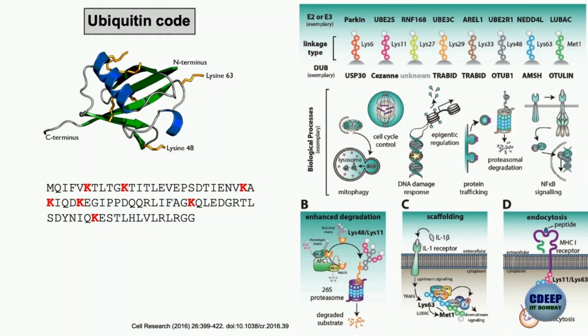Once these chains are formed, there are readers surveilling around, and they will go and bind to them. Once bound, they will do whatever they are supposed to do. Sometimes these chains can be very long, sometimes very short. If a protein gets K48 linked polyubiquitination, after tetraubiquitination or so, these proteins can be taken to the proteasome.